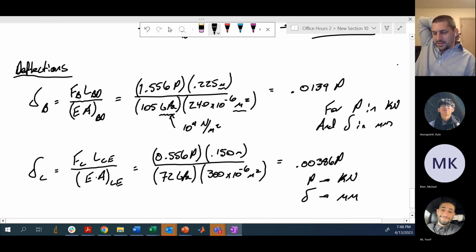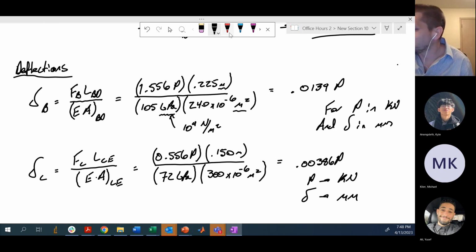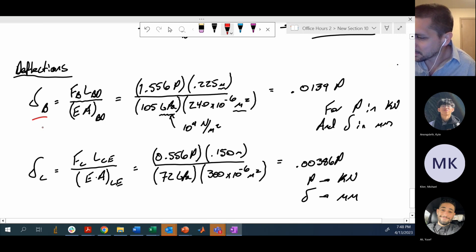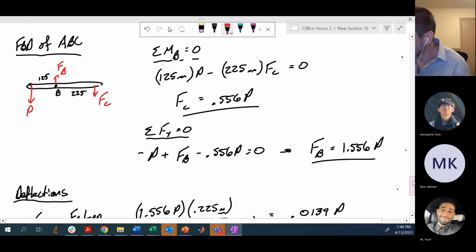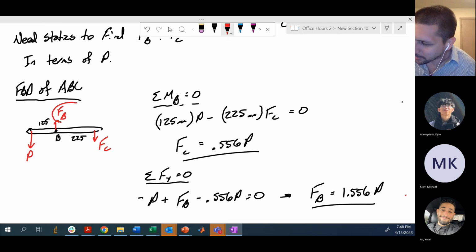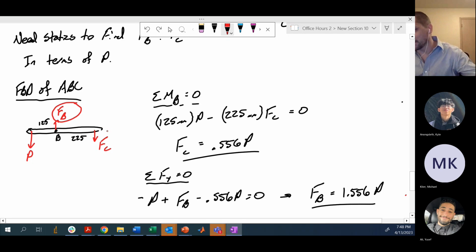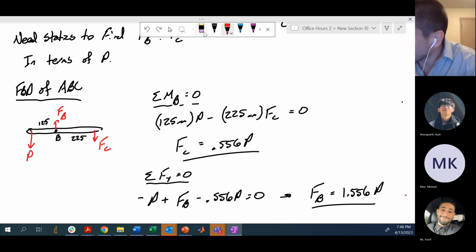Now we did have some directionality for the forces when we originally drew them, so we've got to be sure that we're clear on what's happening: this displacement is down, and this displacement is up. The reason is that we originally showed on the free body diagram that the force at B is up and the force at C is down. By equal and opposite forces, the link at B has an equal and opposite force down at the bottom.